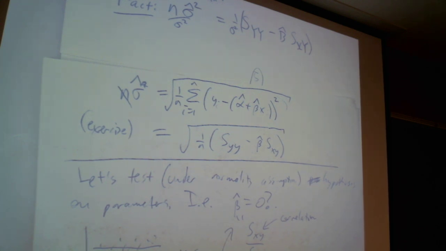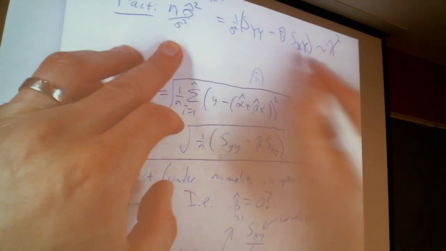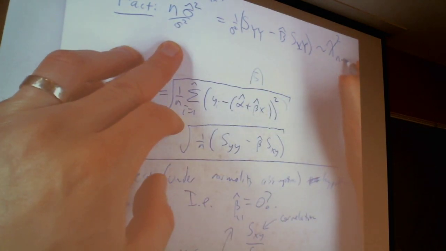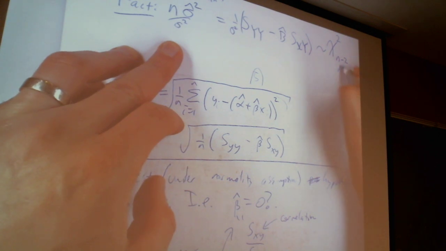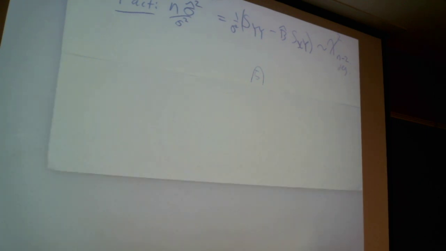You sum a bunch of squares of normals. Chi squared. Okay. So this random variable is indeed a chi-squared distribution. It turns out it's not n minus 1 degrees of freedom, it's n minus 2 degrees of freedom. That's a calculation that I will omit.